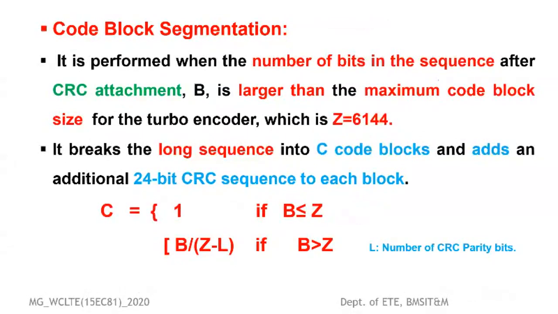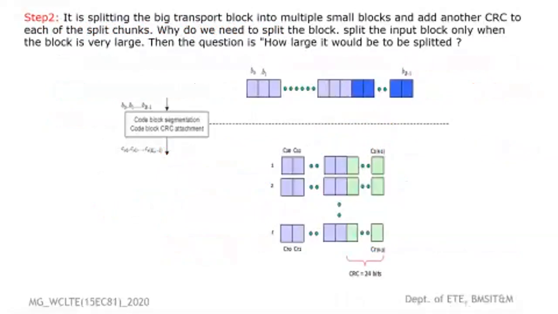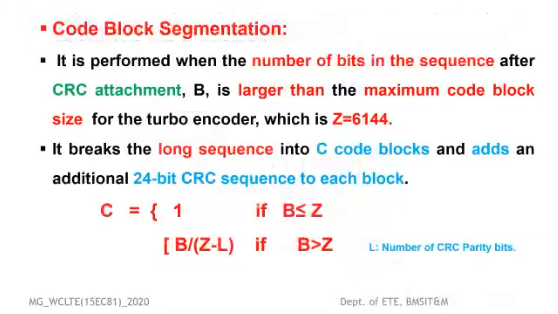This code block segmentation is performed when the number of bits in the sequence after CRC attachment, which I said is B, is larger than the maximum code block size. The maximum code block size for the turbo encoder is 6144.